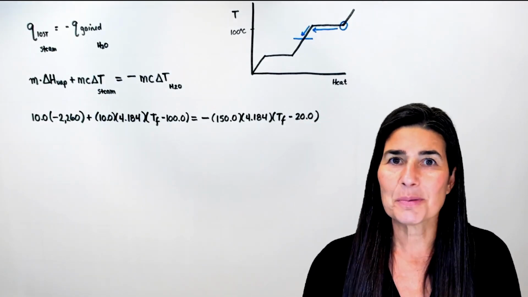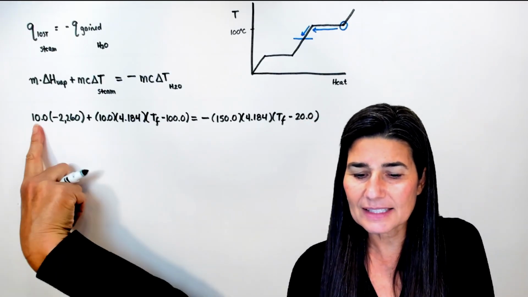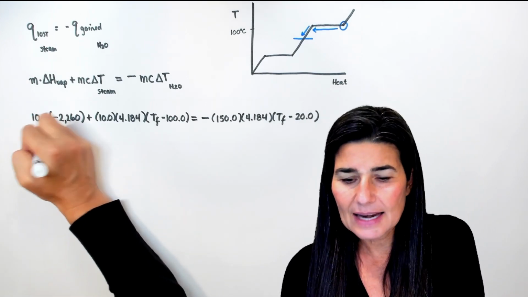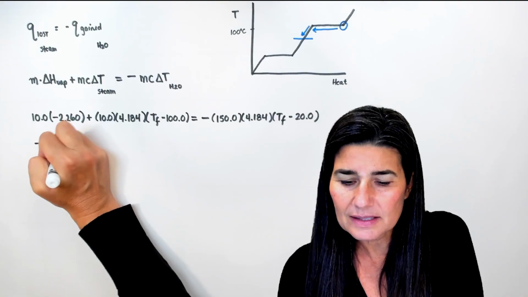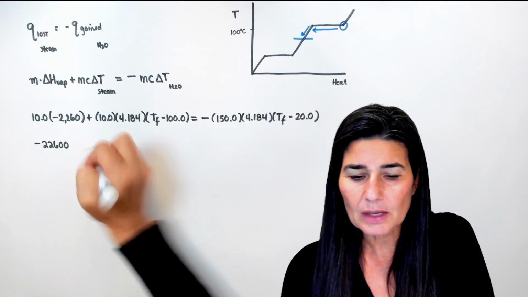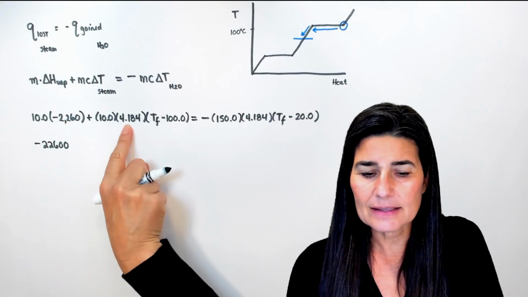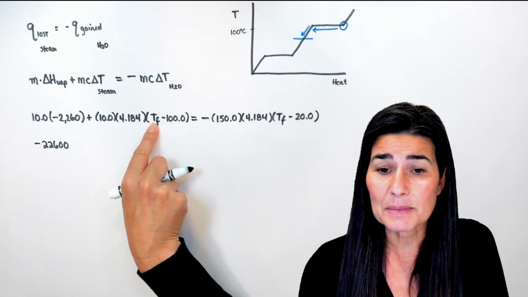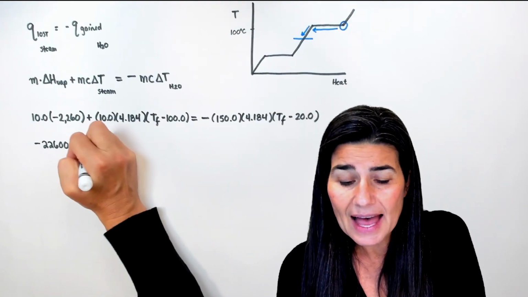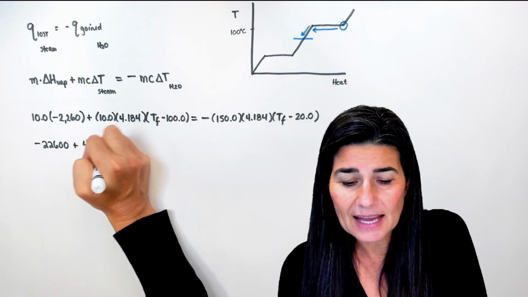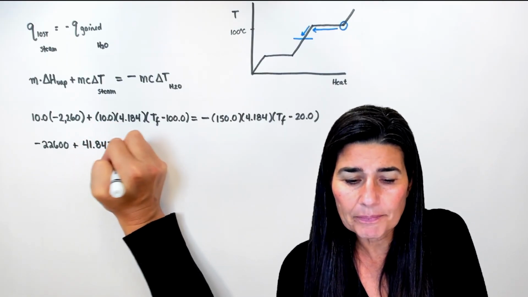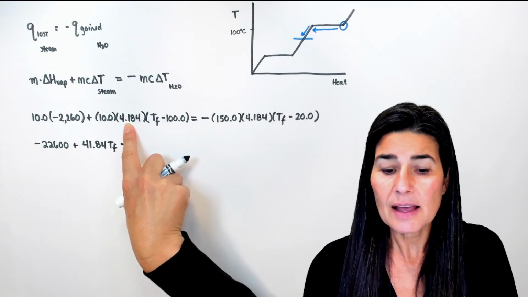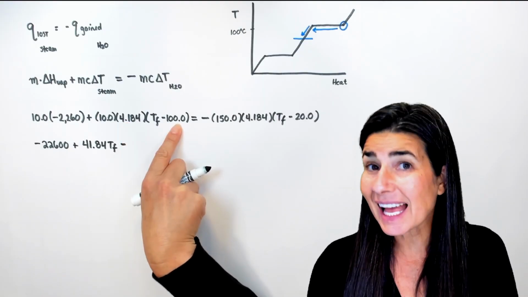All right, it's just algebra from here, folks. So we've got 10 times 2,260. That is a negative 22,600. Now we have 10 times 4.184. Well, that's 41.84 times T final. So we're going to add 41.84 T final minus 10 times 4.184, which is 41.84 times 100.